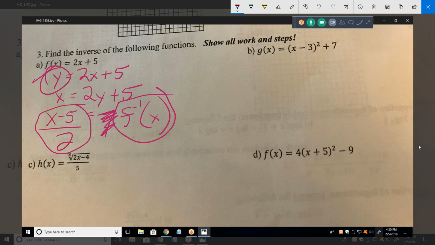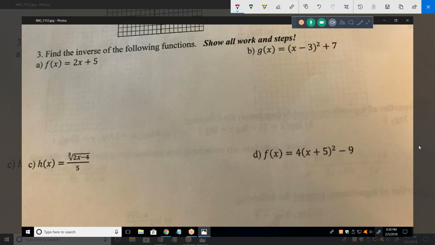So in a way, let's maybe examine this. It might be a better way to do it. Let's not call that y. Let's merely swap the variables. So x equals 2 times f inverse of x plus 5.